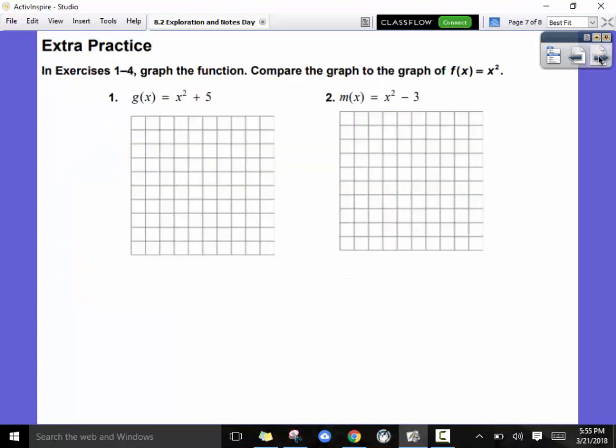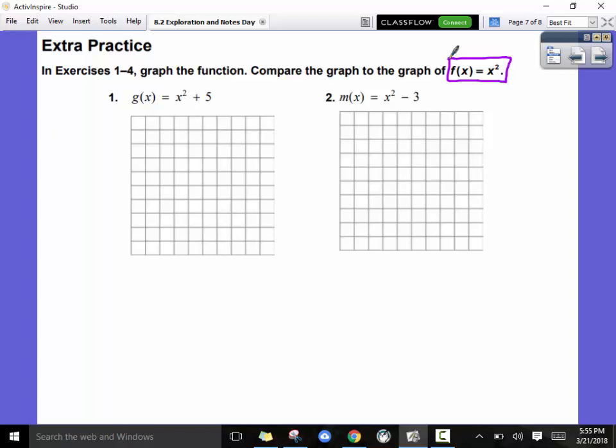We are going to jump ahead and find these extra practice ones. You're going to graph the function with a table, and then compare it to the parent function, the one that goes through the origin (0, 0) and opens upward.